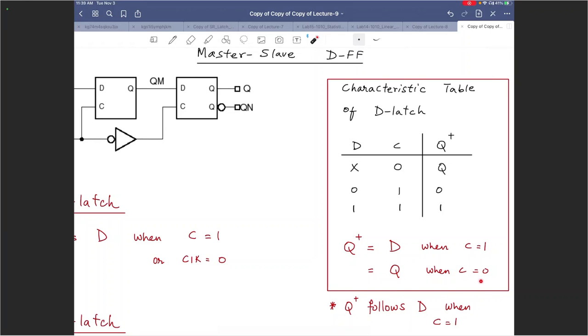That's my store state. When C is 1, in the second and the third row, Q plus will follow D. So 0 will go to 0, 1 will go to 1. So Q plus will equal D. As you can see here, this column exactly matches that column. Q plus equals D when C is 1.